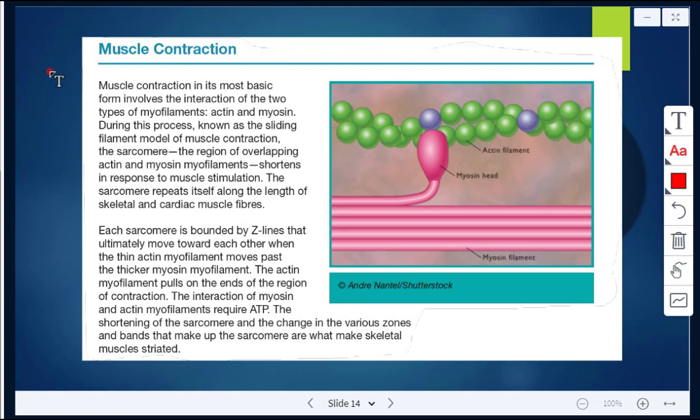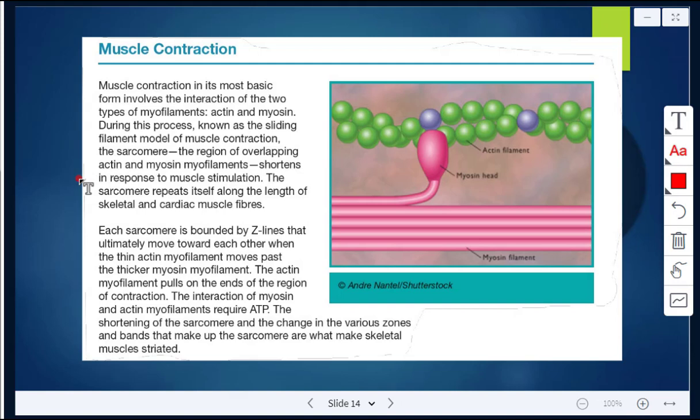Okay, so this is just another diagram showing muscle contraction again. In its most basic form, it involves the interaction of those two types of myofilaments, the actin and the myosin. It's called the sliding filament model of muscle contraction. The sarcomere is the region of overlapping actin and myosin myofilaments. It shortens in response to muscle stimulation.